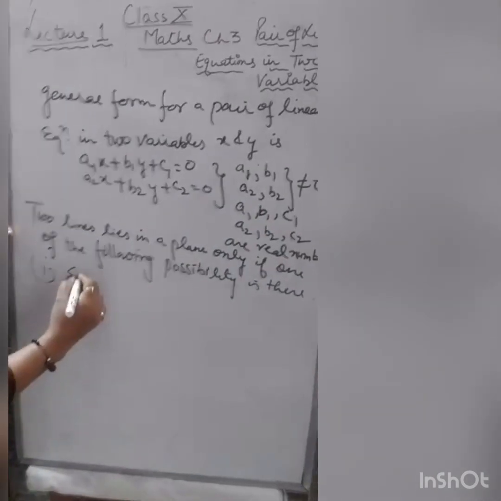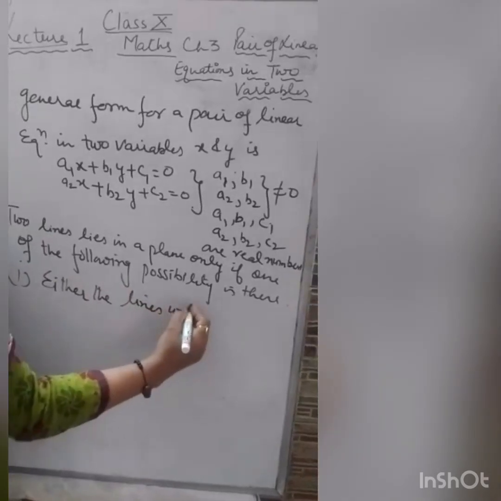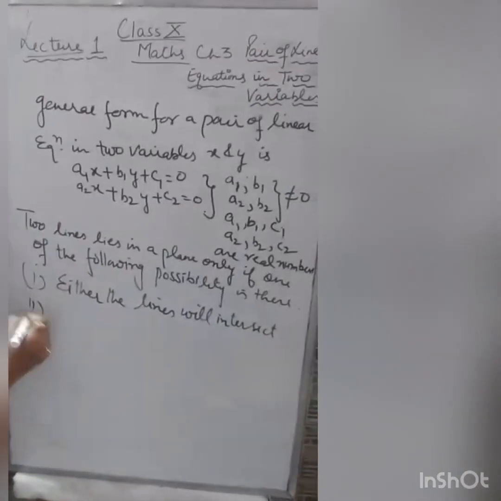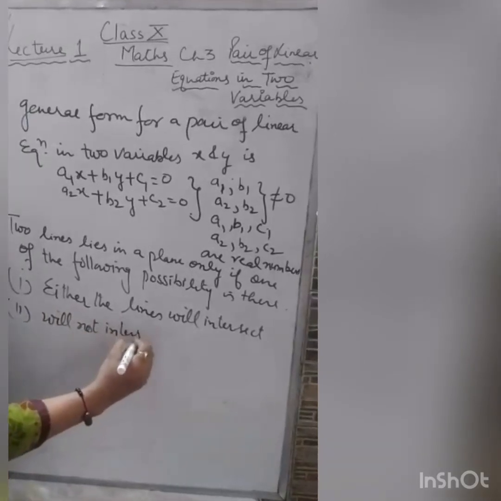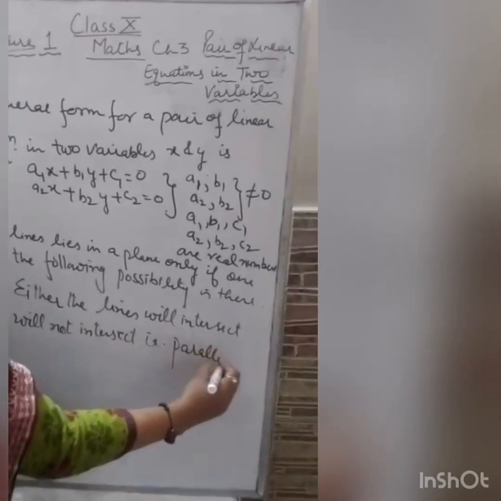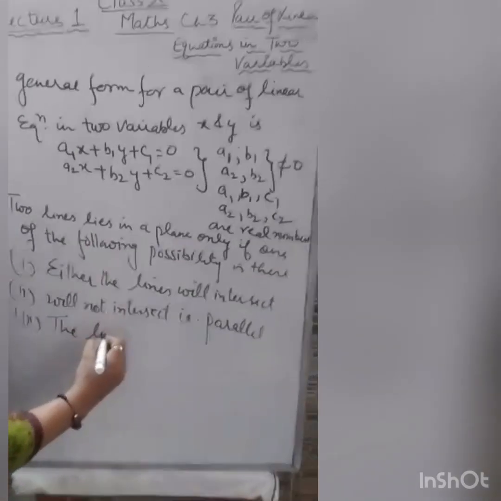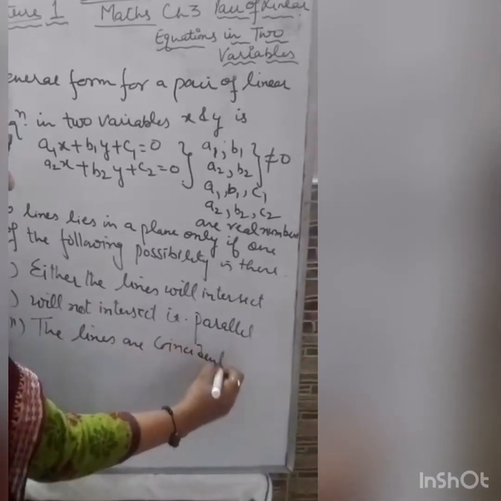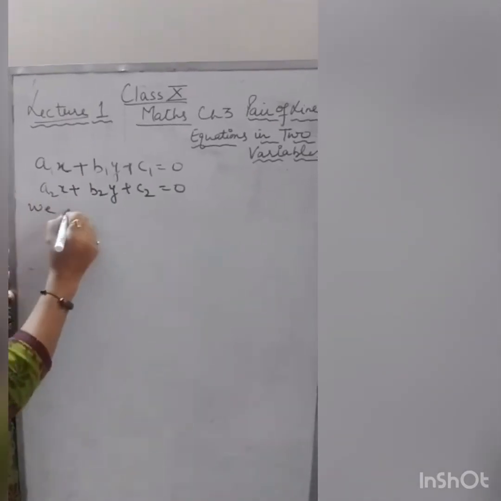Number 1, either the lines will intersect. Second, will not intersect, that is, the lines are parallel. And the third possibility is the lines are coincident. So for this pair of linear equations we observe the following result.